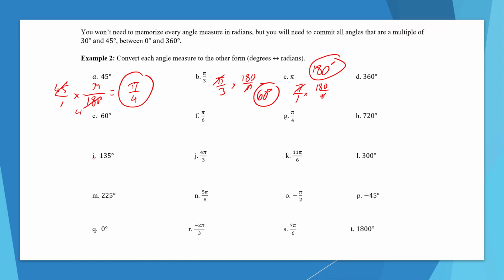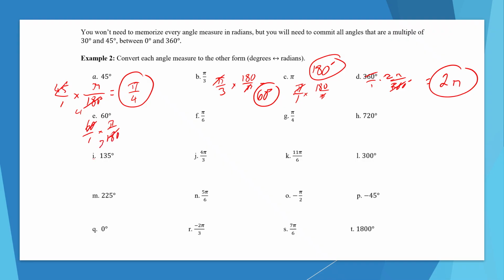D, 360 degrees is equal to, if we did the conversion formula, 360 times pi over 180. Those will cancel out, and we should just be left with 2 pi there. For E, 60 degrees, this is just going to be 60 over 1 times pi over 180.